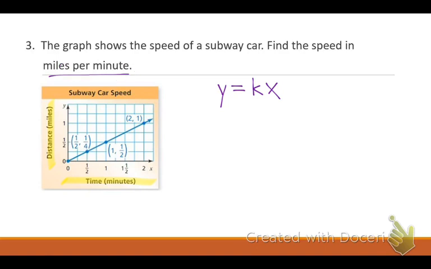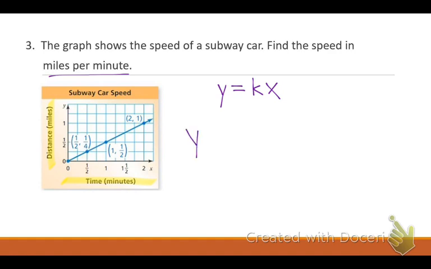So I come down here to my x value, my minutes, and I look for my 1 because that's a unit rate per minute. And I follow the graph up to where the line crosses. At an x value of 1, what was my y value? 1/2.